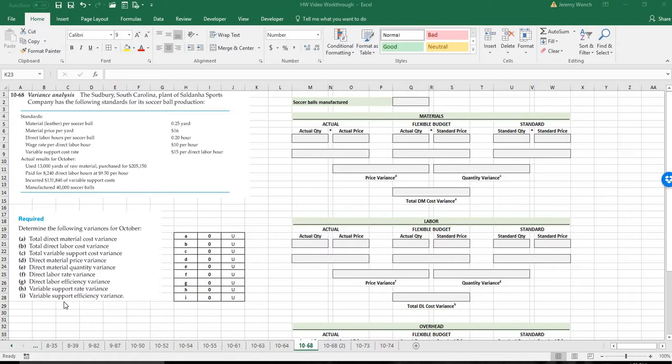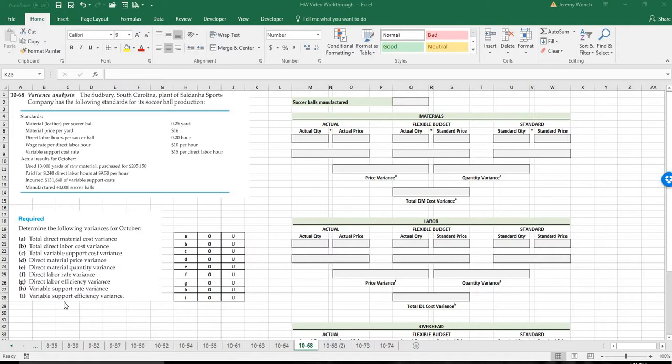And basically you get to figure out, hey, maybe we are over budget in a certain cost category, but maybe it was affected by two different things. Maybe the price of a product was lower than we anticipated, but maybe we used more material.